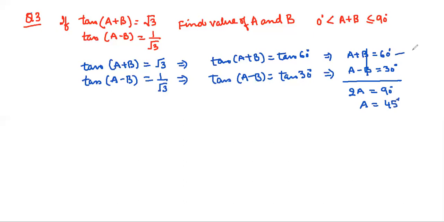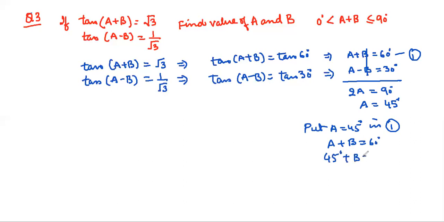Put this value of A in the first equation to get the value of B. So that means A plus B is equal to 60 degree. Put the value of A here and get the value of B. So you'll be getting that angle B is equal to 15 degree.